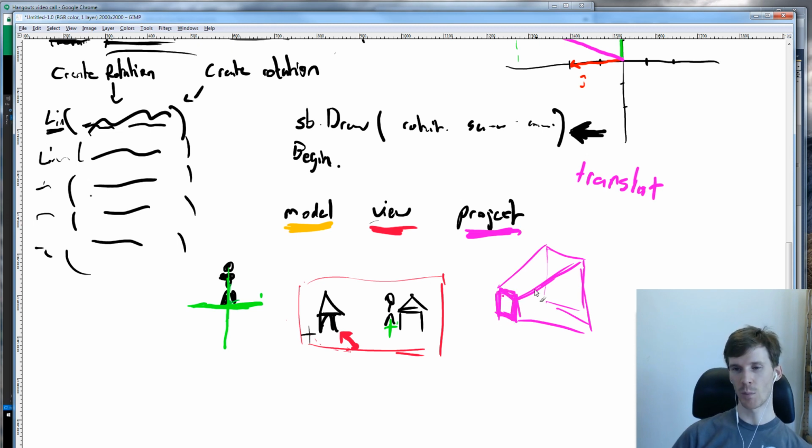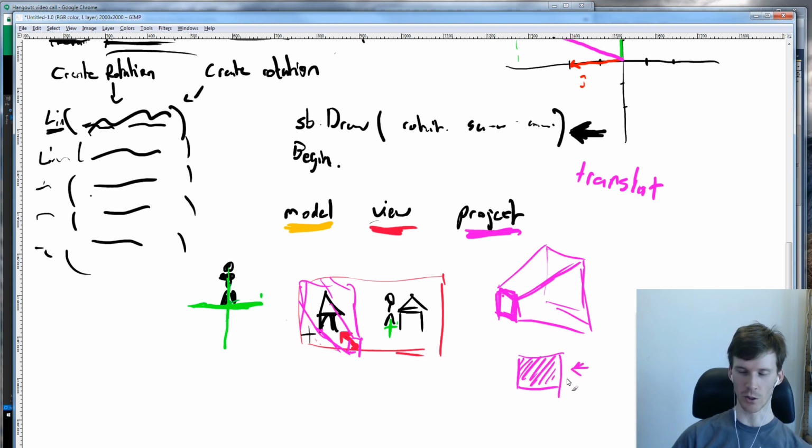So yeah, the projection matrix takes whatever's in this, like say I'm looking at this house, it's going to be in this view frustum, and it takes that and compresses it into, I guess, a square that is the screen more or less. This is confusing because it's not spatial, but also has depth to it. So if a thing is there, it ends up there.